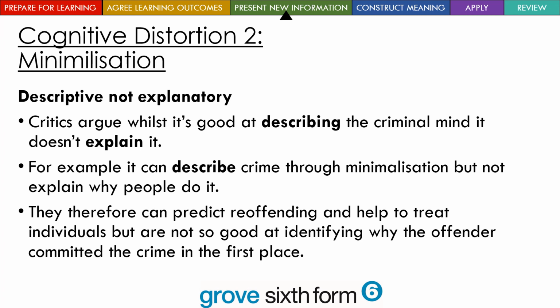And because we can't really appreciate what's led to that through this particular theory, it doesn't necessarily support us being able to be better at identifying it, and therefore it's a pretty reactive theory. We can kind of work out maybe what's going on with people who already have completed a crime, but we can't preempt that, and we can't work out what factors are contributing to individuals developing the faulty thinking in the first place.